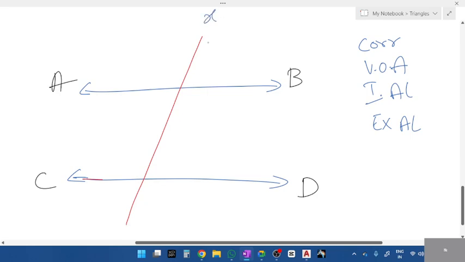And this transversal line, I'll name it as XY. See, this angle, students, I'll name it as PQ. Take down this question. PQRS, TUVW.